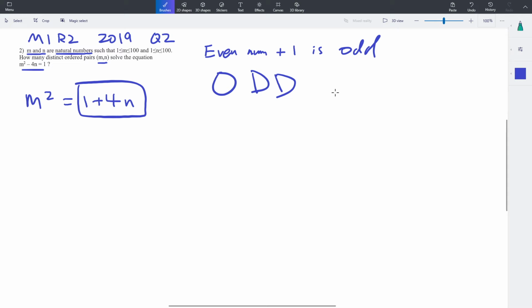Alright, so the right is odd, and what does that say about the left side, m squared? Well, to get an odd number, you have to square an odd number. I think that makes sense, because if you square an even number, you'll get an even number in the ones place.